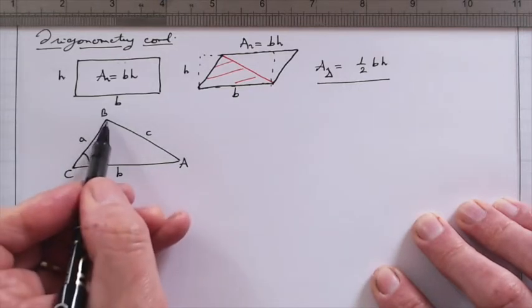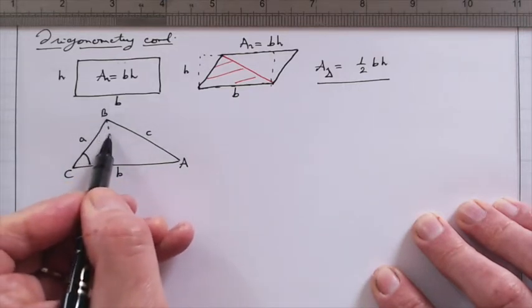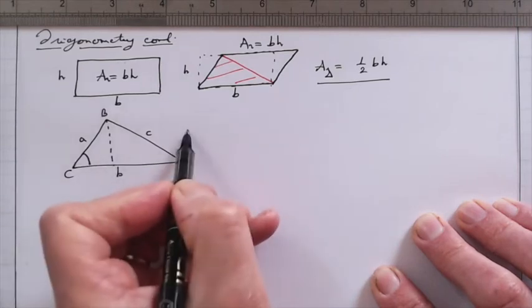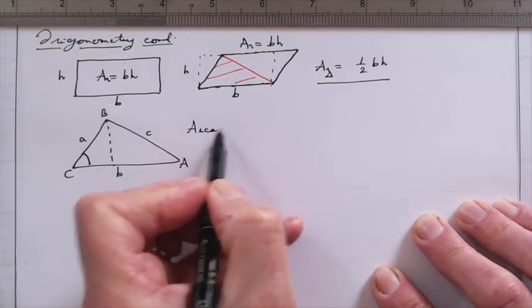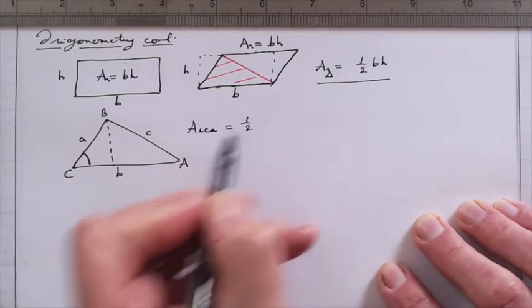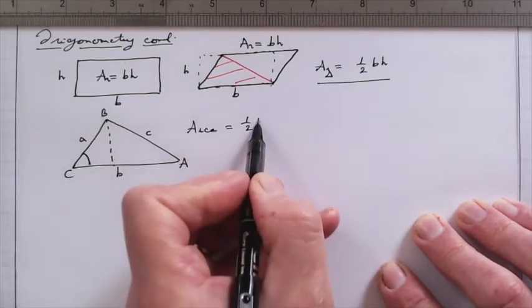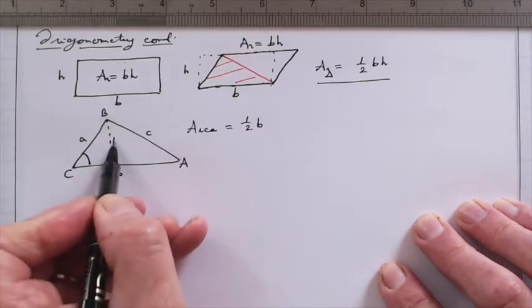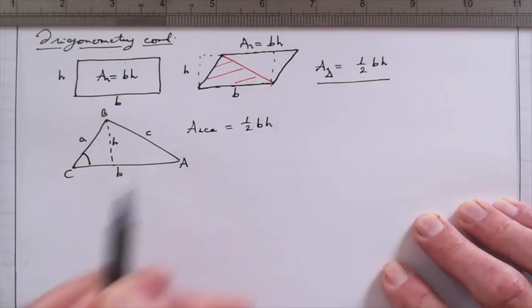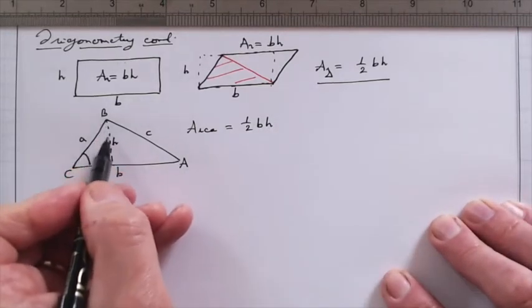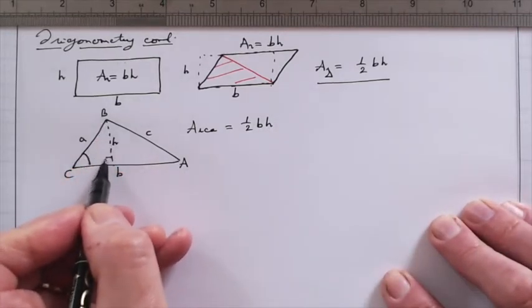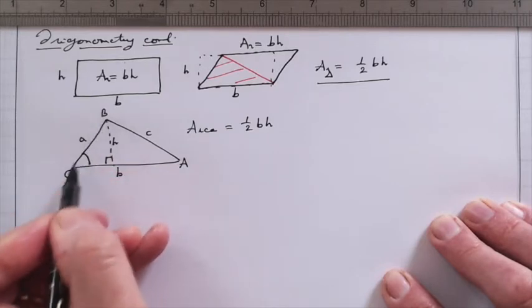And the answer is yes, we can, because the area of the triangle is a half the base, which is the length b, times this height h. And do you see that by bringing this line down to define the height, I've made a little right angle triangle here.